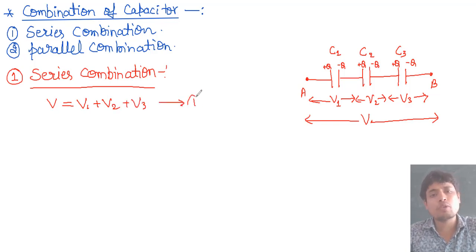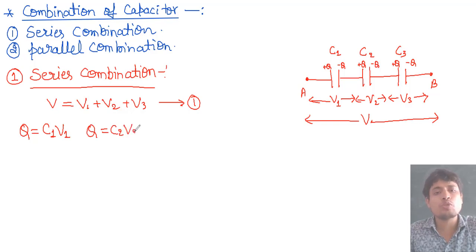Say equation number 1. Also you know from the formula of the capacitor, Q equal to C1 V1 for the first capacitor, Q equal to C2 V2 for the second capacitor, and Q equal to C3 V3 for the third capacitor.